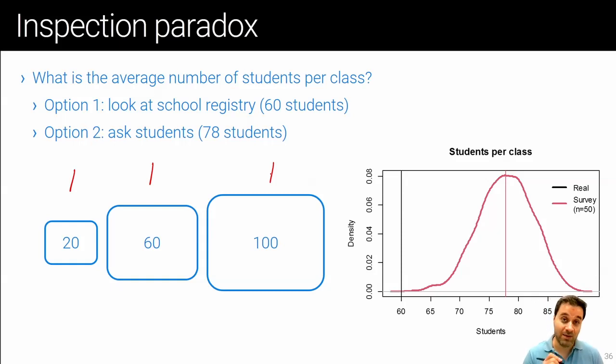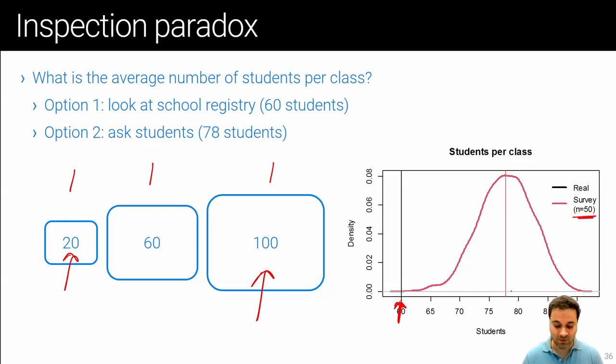If we study the members of the class, so in this case, the 20 students, the 60 students, and the 100 students, then it's more likely that we sample more in this class than in this other class because it's larger. And so the actual answer here, the real answer, is 60 over there. But here in red, we have the distribution of what would be expected of the second study if we ask 50 students.